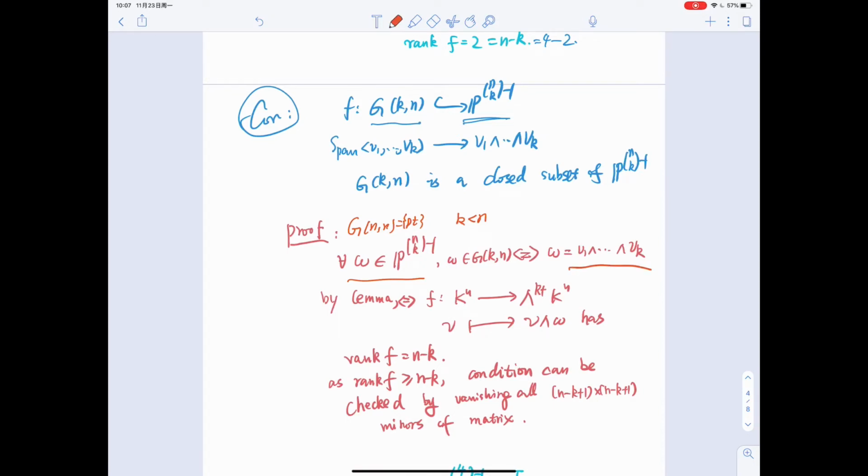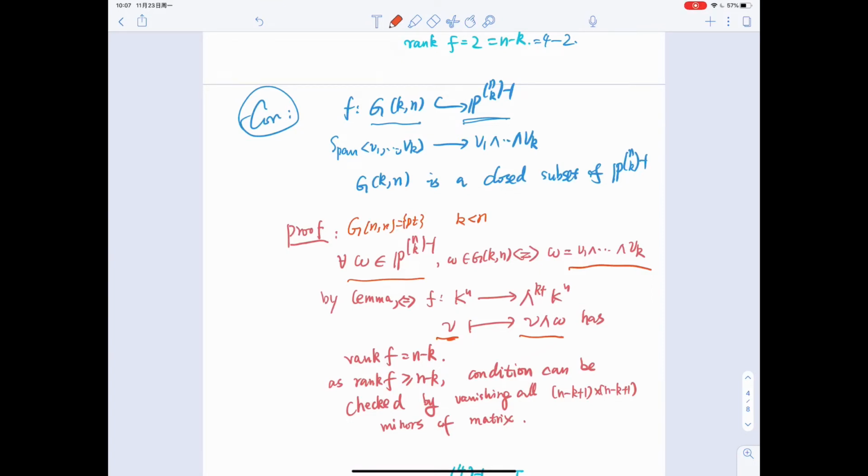By the lemma, this is the case if and only if the map F in the previous lemma, sending v to v wedge omega, has rank n minus k.